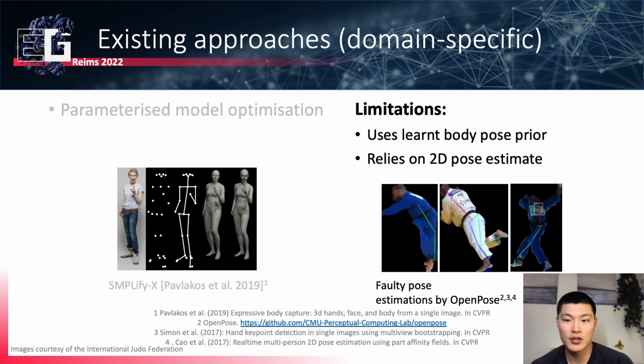Moreover, the reduction of the target image makes SMPLify-X blind to details like clothing, hair, and color. Therefore, the quality of the 2D pose estimate is the bottleneck to the performance of SMPLify-X. Ultimately, this is also caused by the rarity of the judo poses, because the pose estimation, which is done by the OpenPose library in SMPLify-X, is also done through learning and fails to generalize outside the training datasets.